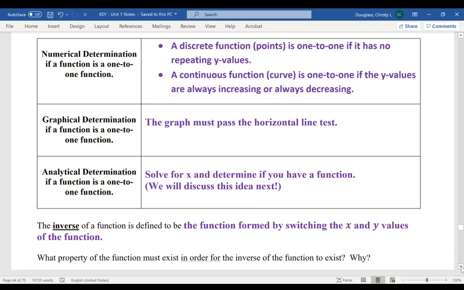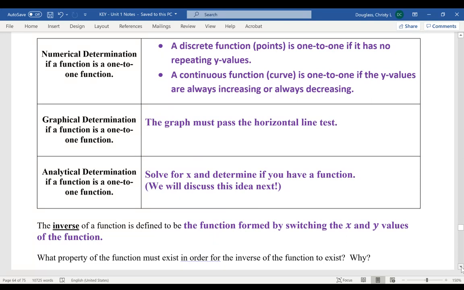This means that if you were to draw any horizontal line on the graph, it should not intersect the graph more than once. If so, then it's not a one-to-one function. Analytically, what we will do is solve for x and determine if we have a function. And we will discuss this in just a moment.